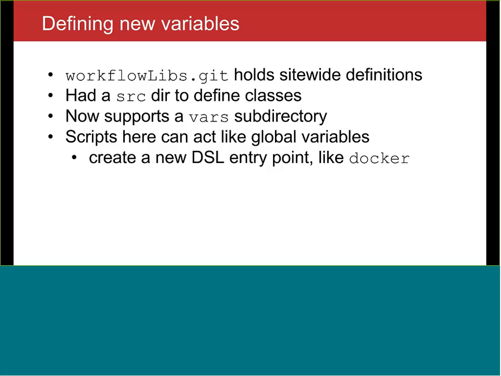So the Docker Workflow plugin, for example, adds a new global variable called Docker. And that is the starting point for all of the Docker-related functionality. This new system with the vars subdirectory allows you to create your own entry points very similar to that. So your Jenkins installation can use particular features that make sense for your development process.